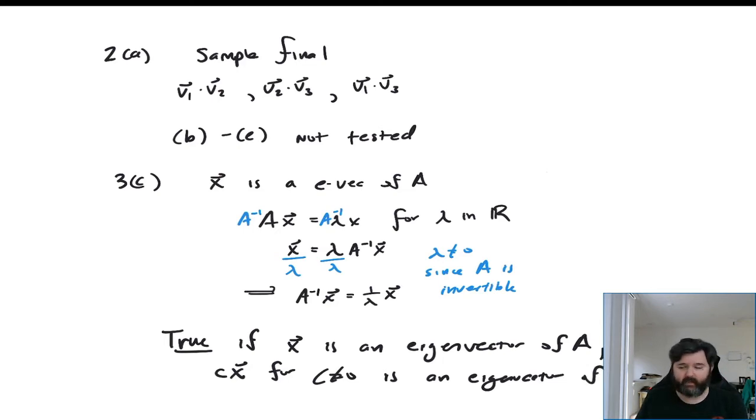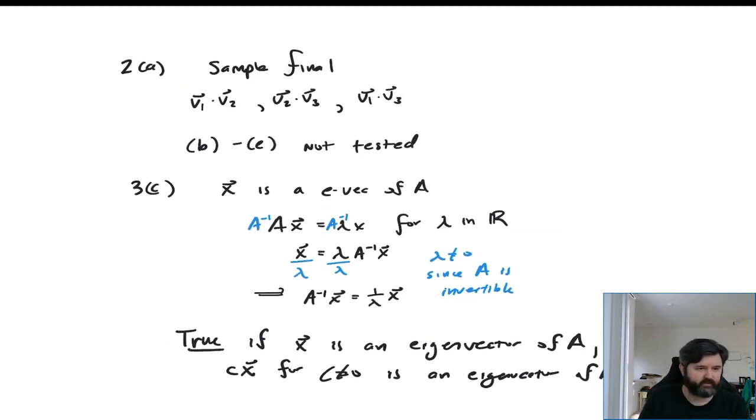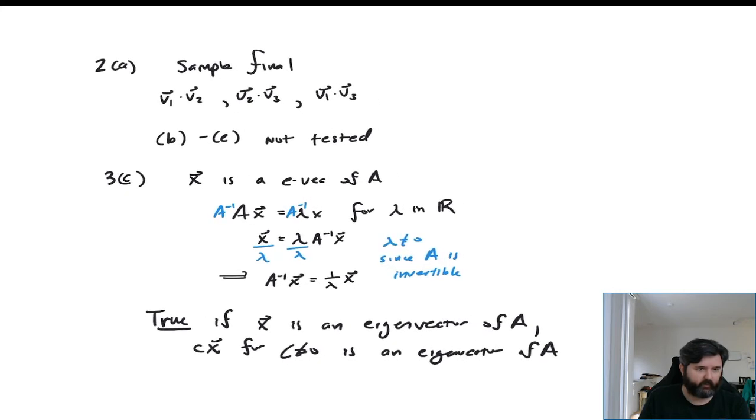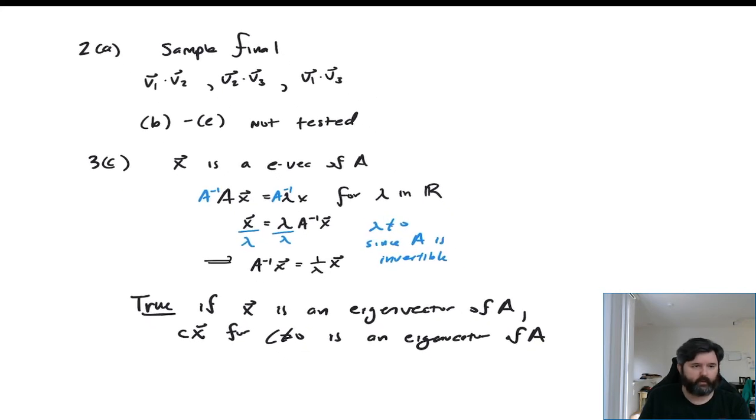Sorry, I'm writing underneath my thing there, let me move this for you. There you go. If you have an eigenvector of A, any scalar multiple is an eigenvector of A.